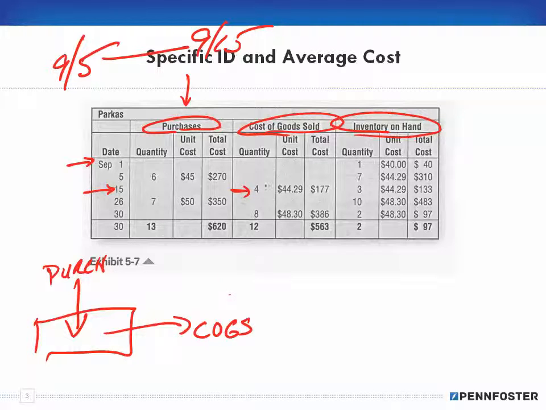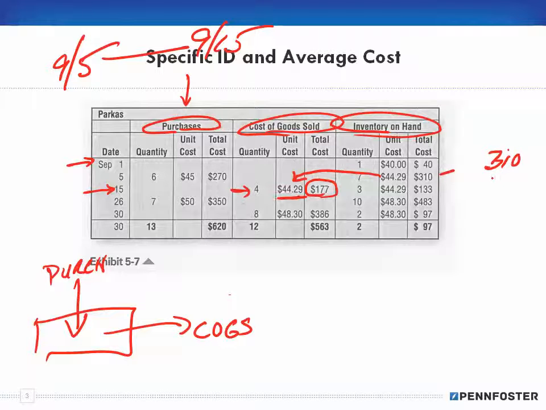We're taking them out of the box, right? We're taking 4 of them out, okay? Well, when we take them out, remember our unit cost, we had said, oh, our average cost is $44.29, right? So when we take them out, we're taking 4 of them out at that $44.29, which gives us a total cost of $177.